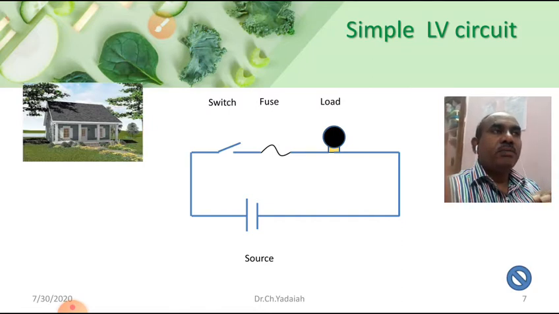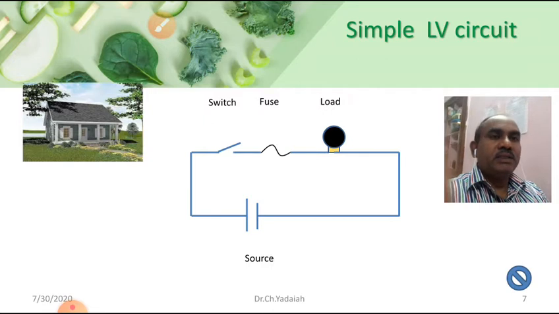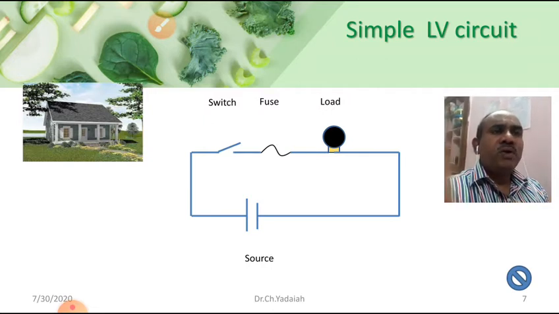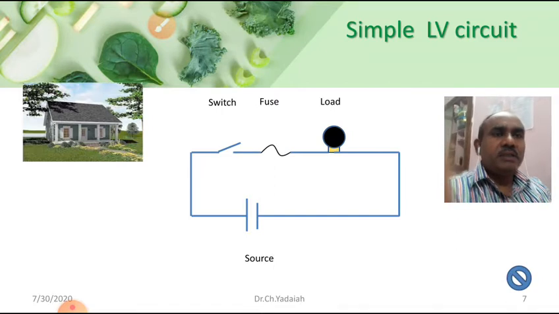Even when maintenance is taking place frequently, you can see a simple circuit, where even a domestic lighting load of less than 5 amperes, if a fault occurs, you can see how the arc is coming. When the circuit is closed, the current is passing, and the energy taken from the source by the load is giving light energy.